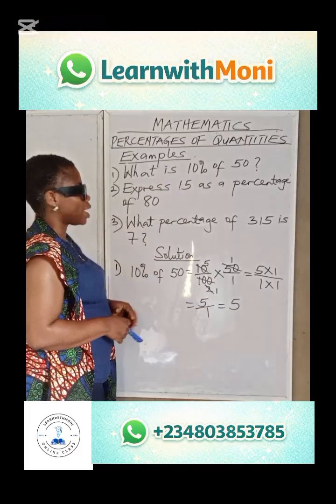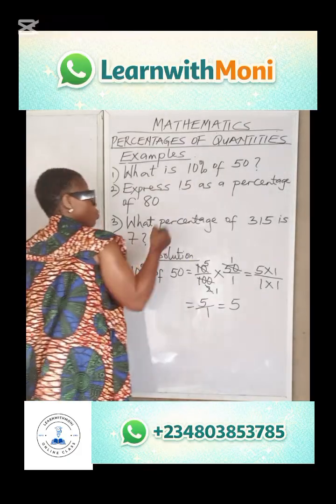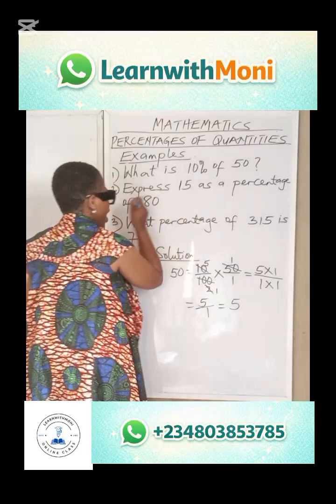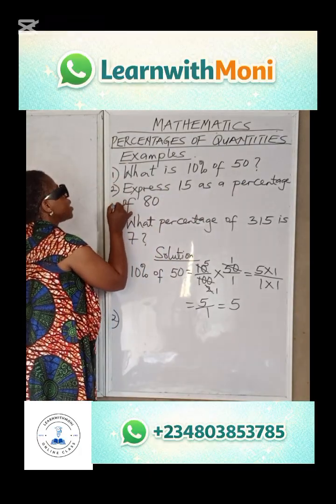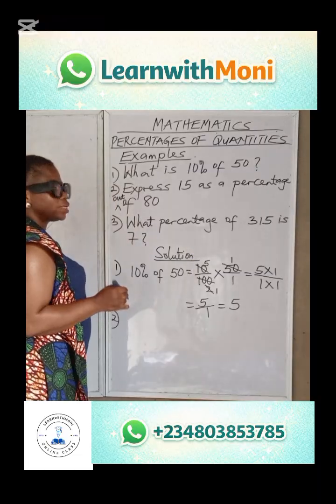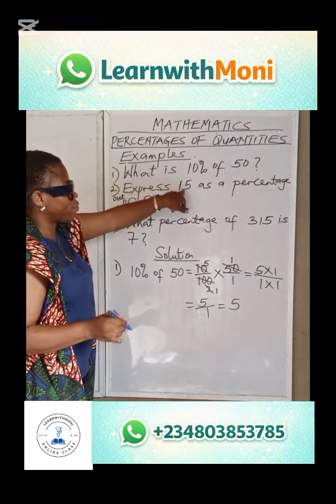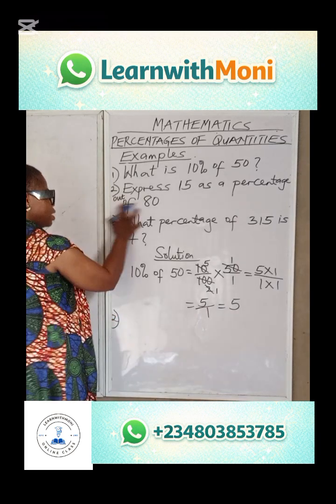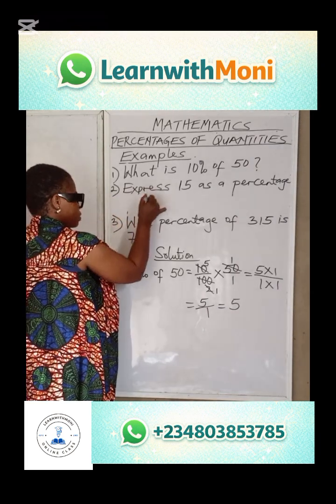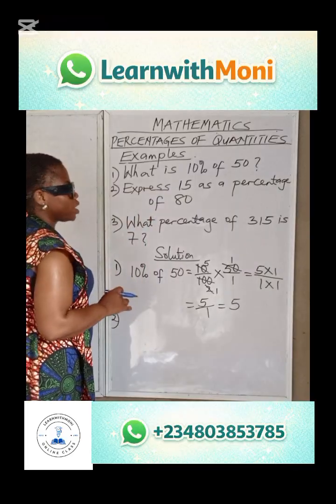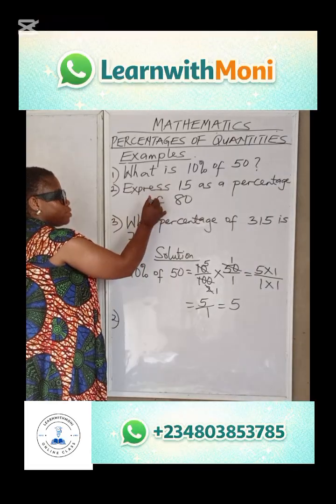When you see questions like this, I want you to quickly in your mind insert "out of" somewhere here. You just write out of. That is, express 15 as a percentage out of 80. This was the question. Express 15 as a percentage of 80.